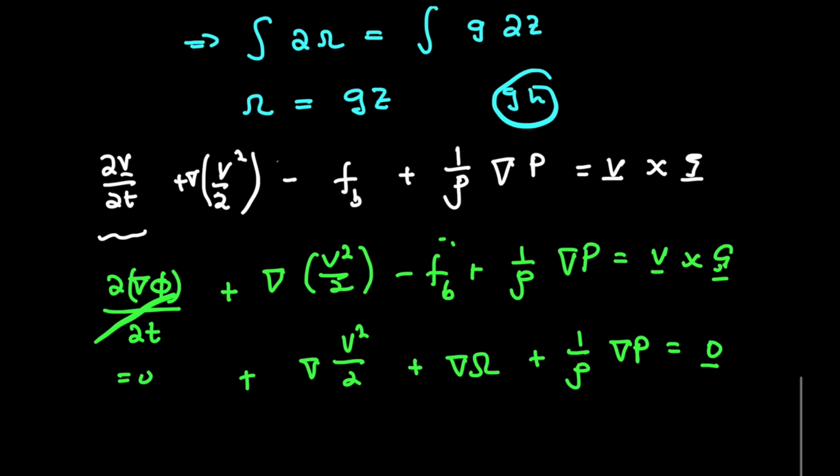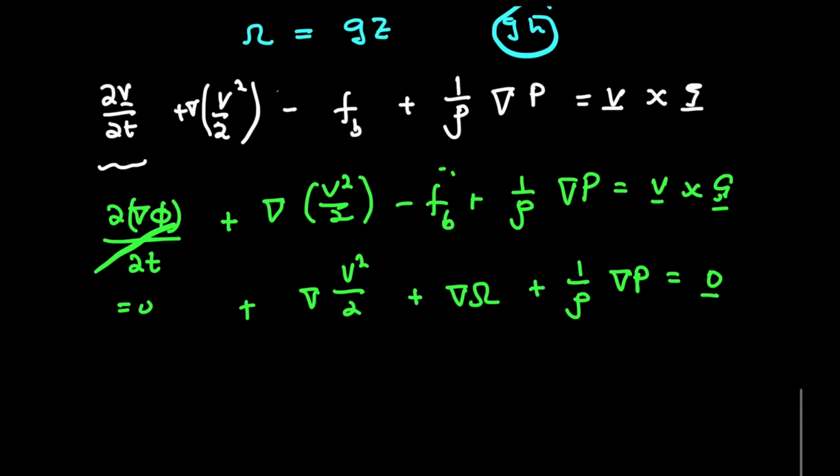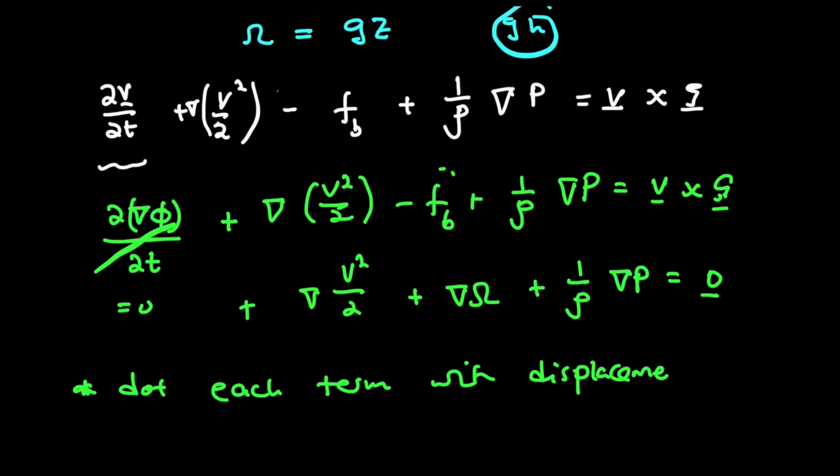Now at this point, because we need to arrive at our Bernoulli's equation, we are going to dot each and every term with the displacement vector, and we're going to integrate.